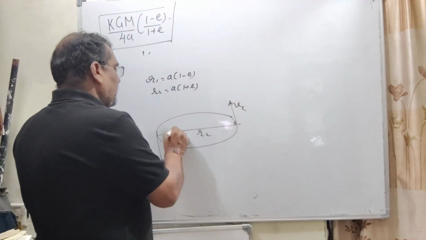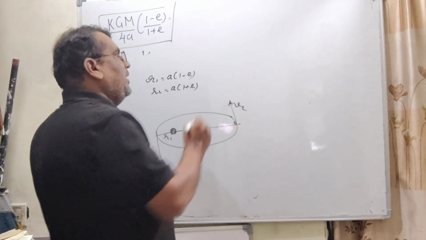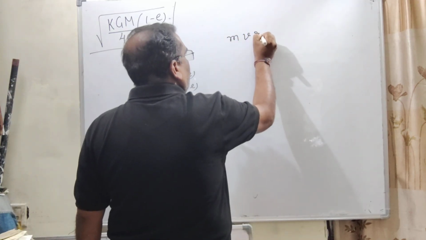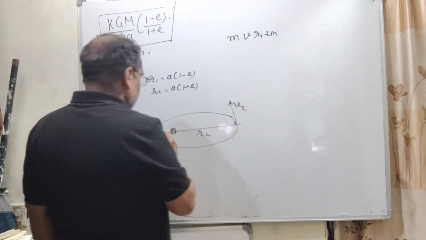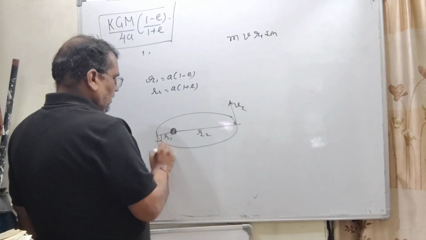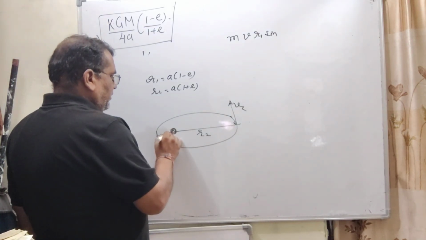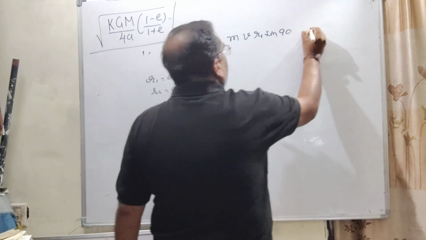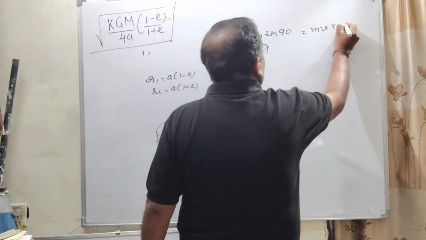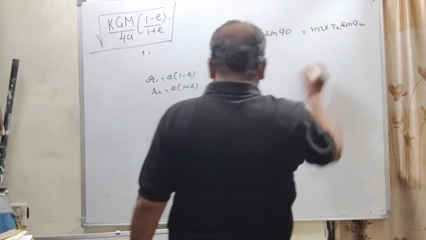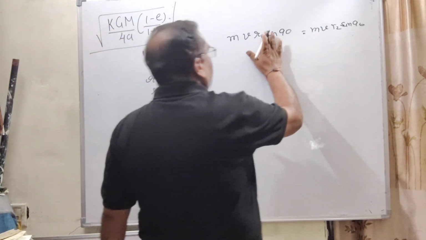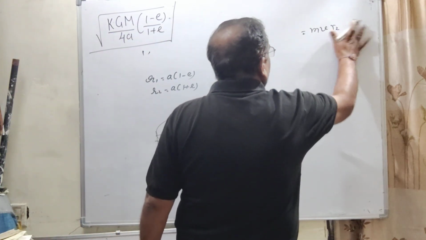By using the law of conservation of angular momentum, m v1 r1 sine of the angle between position and velocity, which is 90, equals m v2 r2 sine 90. Sine 90 is 1, and this is also 1.